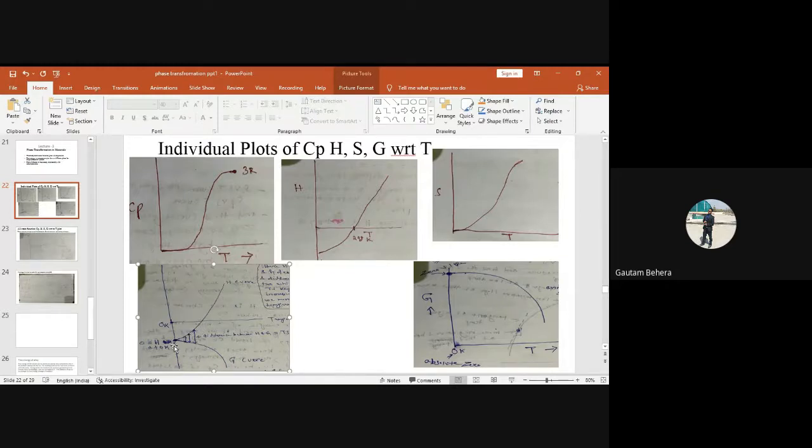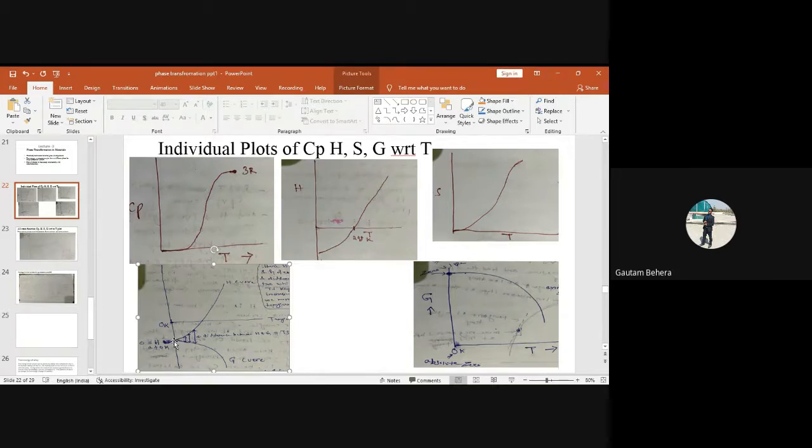Similarly, free energy. Okay, anybody remember what is the relationship between free energy and temperature? When temperature increases, what happens to the free energy? Free energy always decreases with increasing temperature, right? Just see, I'll prove that soon.